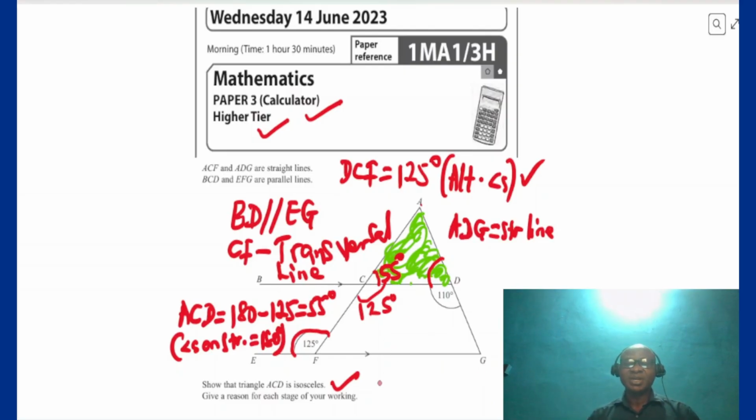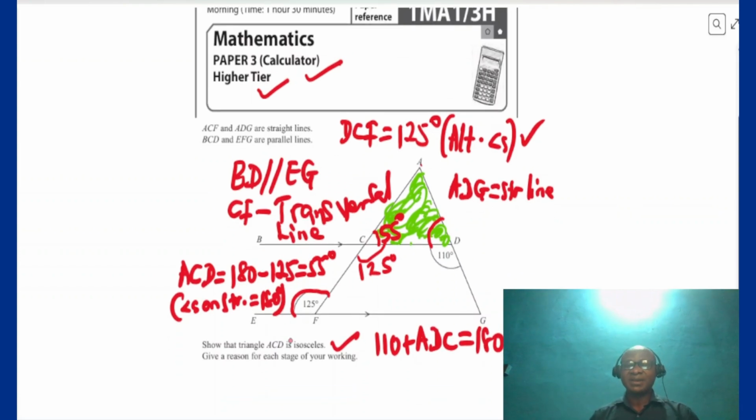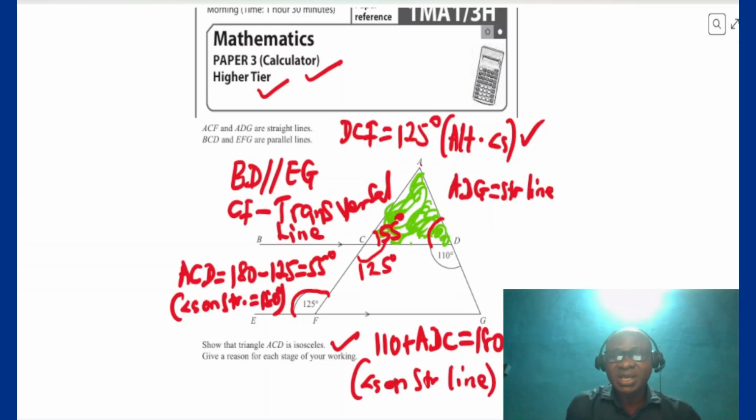So I can write 110 plus angle ADC should be equal to 180. Then I also need to put the reason down: angles on a straight line. I'm putting it as short as possible.